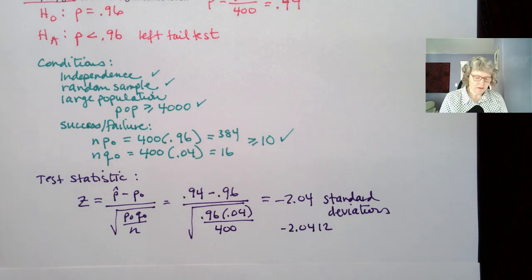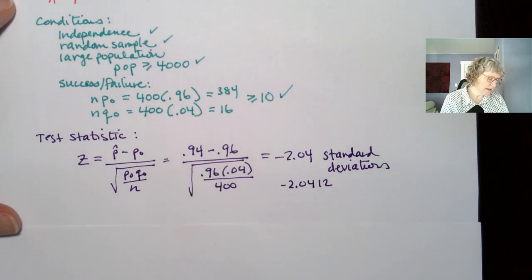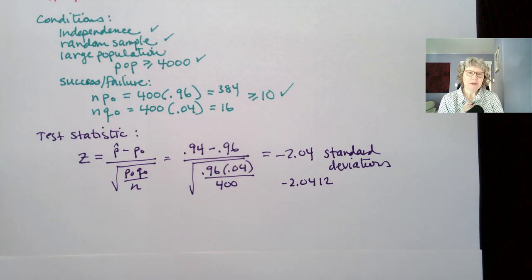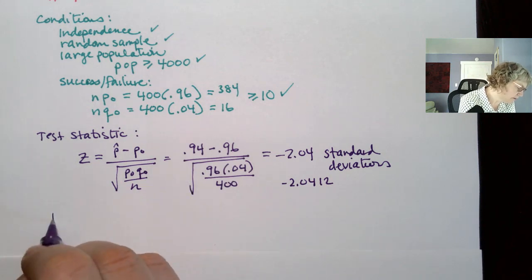Okay. Now, if I'm recalling correctly, I feel like this wasn't significant last time we did it. So let's see, okay? This is where, now that we have our test statistic, do you know what the next step is? We got to find our p-value, right? So our p-value is the probability of getting this if the null is true.